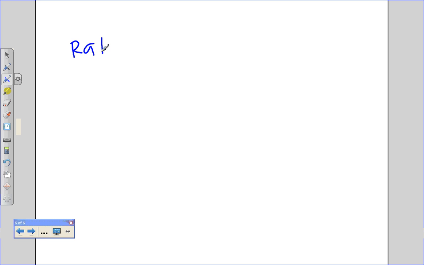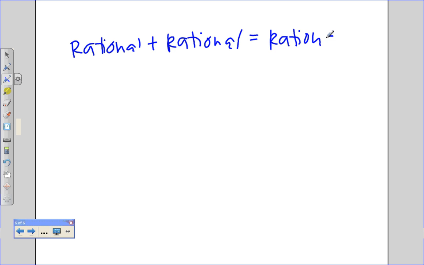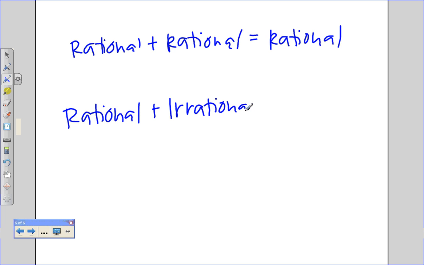A rational, or a fraction, plus another rational, or another fraction, always equals a third fraction. Secondly, a rational number plus an irrational number always equals an irrational number.